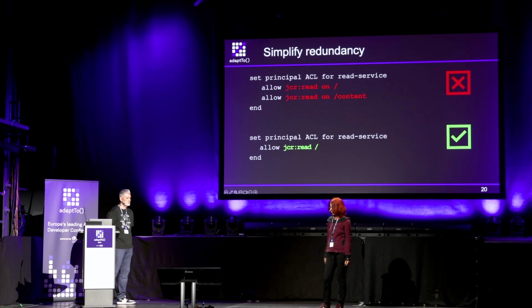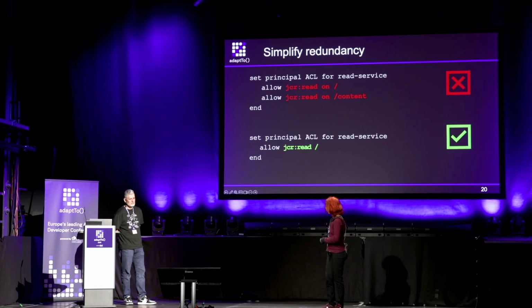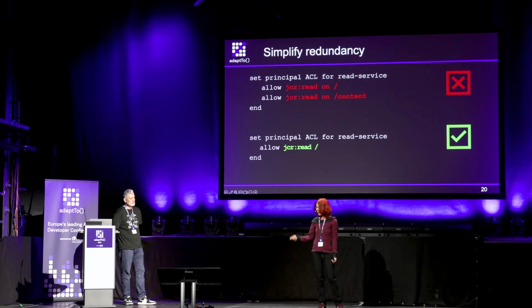If it's just a content reader service, you only grant it on /content. And here again, I think this is part of our best practices. Especially for service users, make sure you name your service users to what they are actually supposed to do. Don't call this write service when it's actually just a reading service.